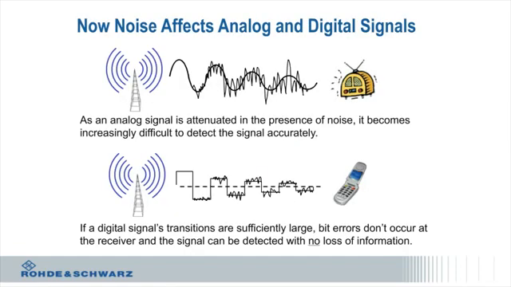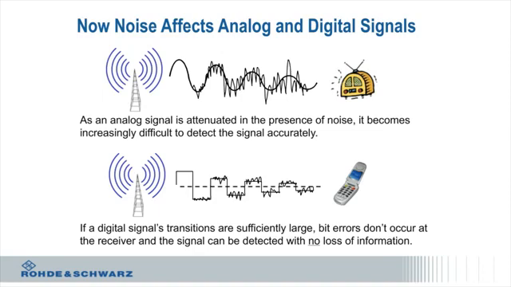Okay, so the key thing when you receive signals is that there's noise in the environment. If you're as old as me, you've turned a dial on your radio and heard that hissing noise. That hissing noise is noise from the environment, and it's always there. There's thermal noise, which is governed by everything around you, the sun, things like that.